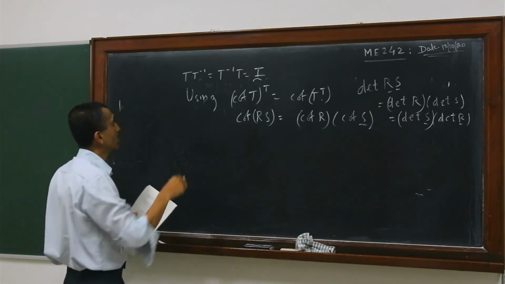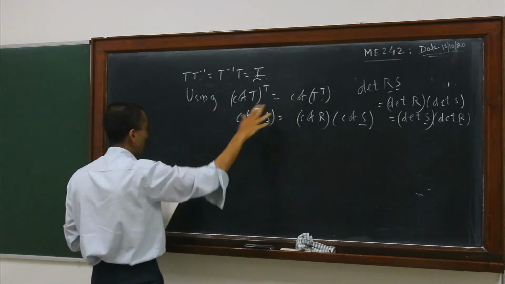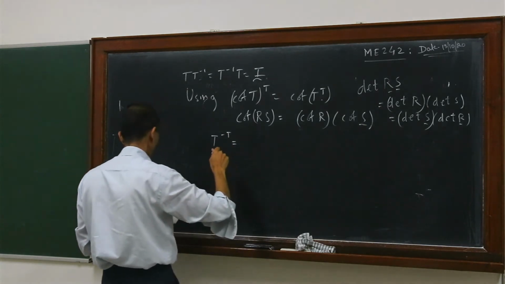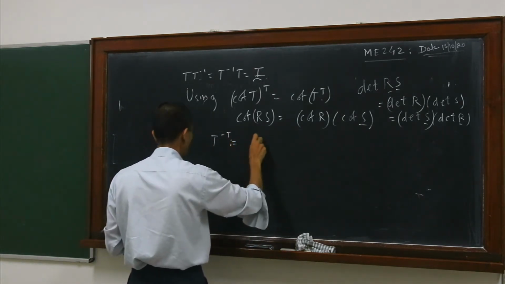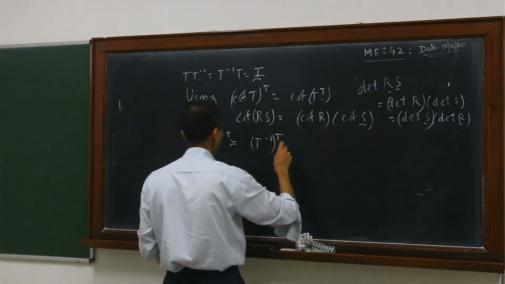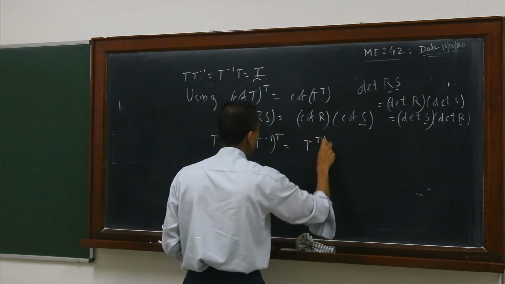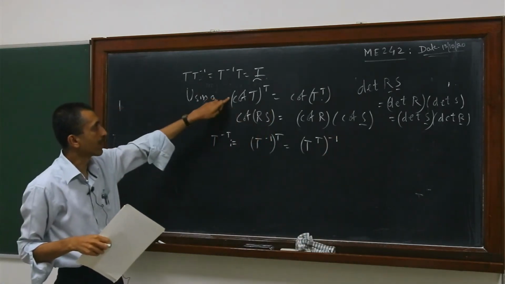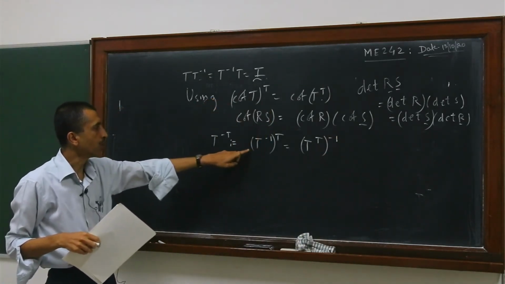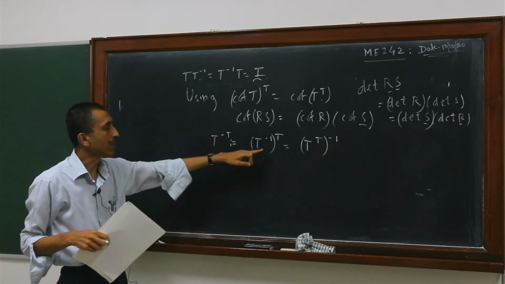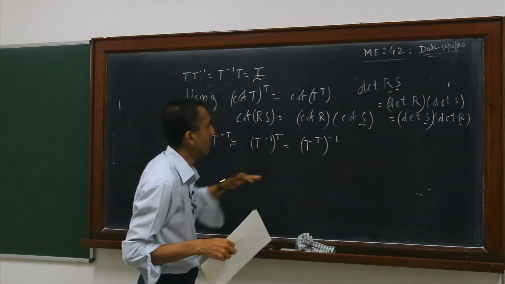Fine. Now using these relations, you can show that T inverse transpose, which is defined as the transpose of T inverse, is equal to T transpose inverse. So basically, as I said, use this particular relation to show that T inverse transpose is equal to T transpose inverse.